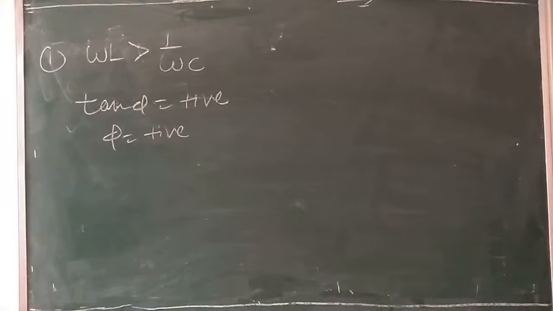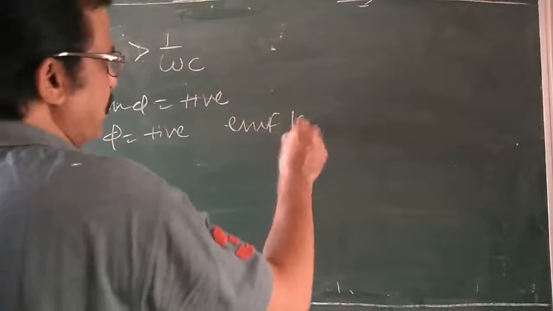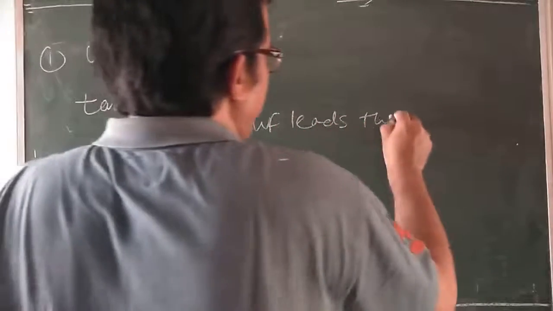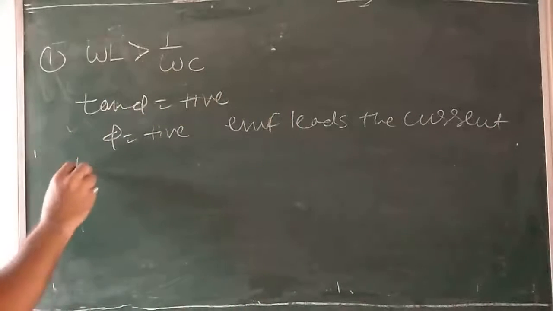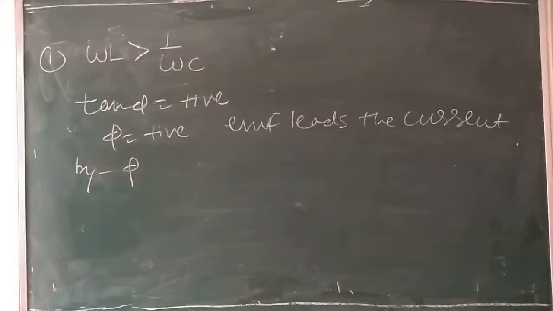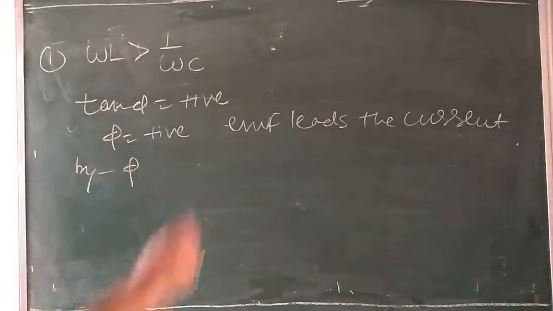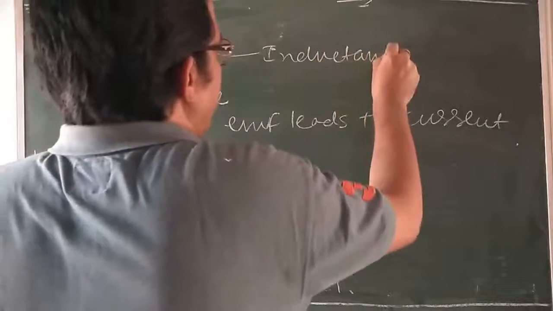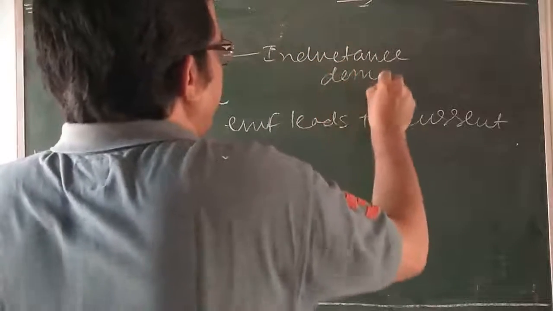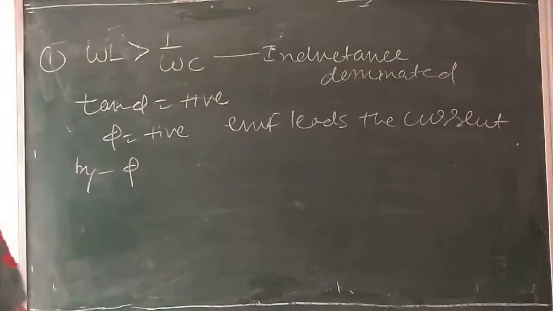It means that EMF leads the current I by a phase angle phi. This is called an inductance dominated circuit. Such a circuit, children, is called an inductance dominated circuit.